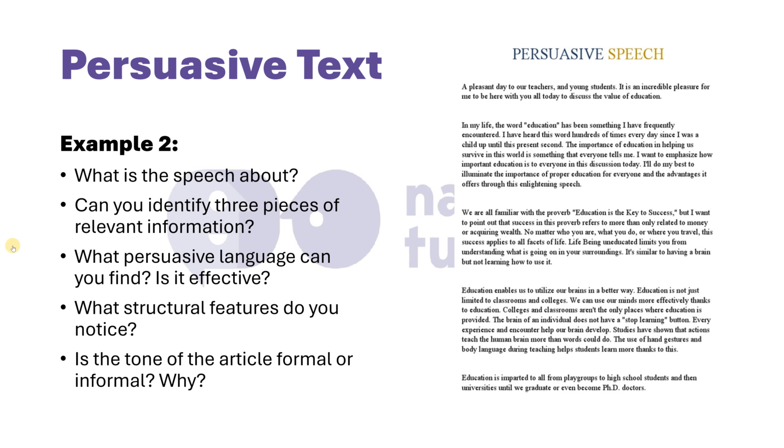So secondly, what persuasive language can you identify in this article and why is it effective? Well, firstly, I can spot the word importance. The importance of education is helping us survive in this world is something that everyone tells me.